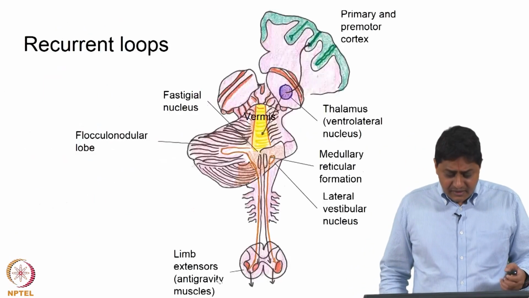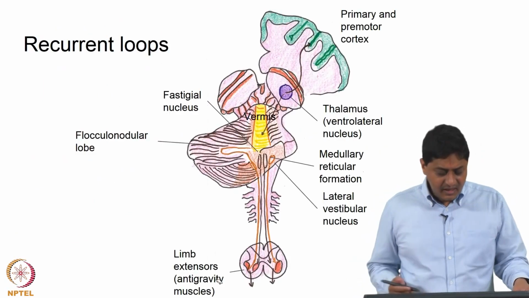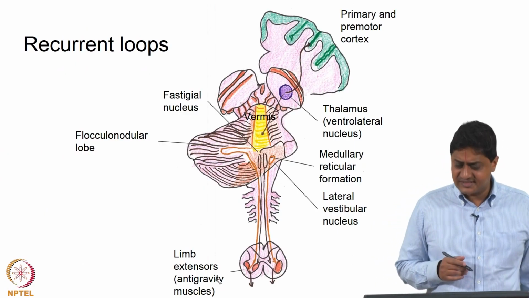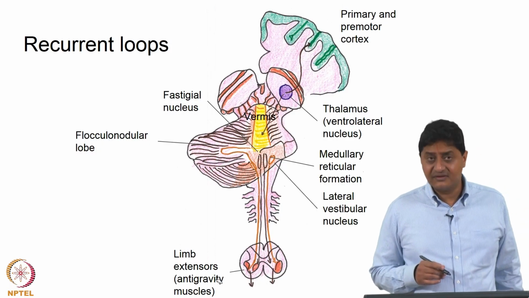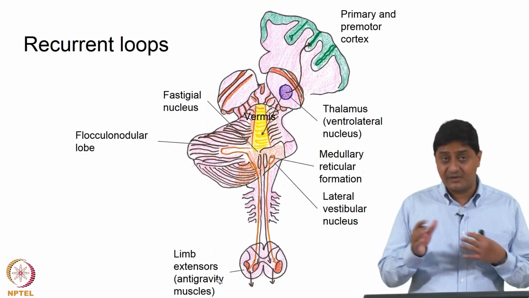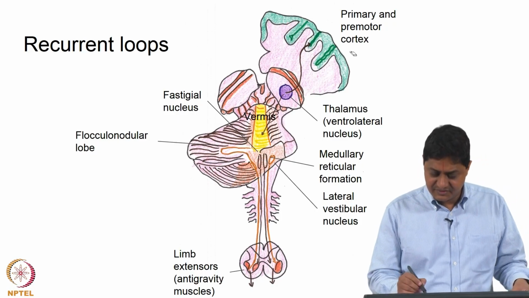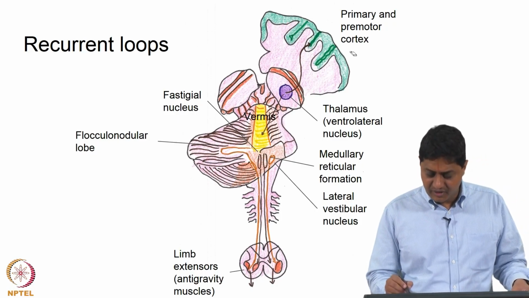Okay. And there are multiple recurrent loops within the cerebellum. What are the various recurrent loops within or between the cerebellum and other parts of the brain? First, it receives input from the cortex.